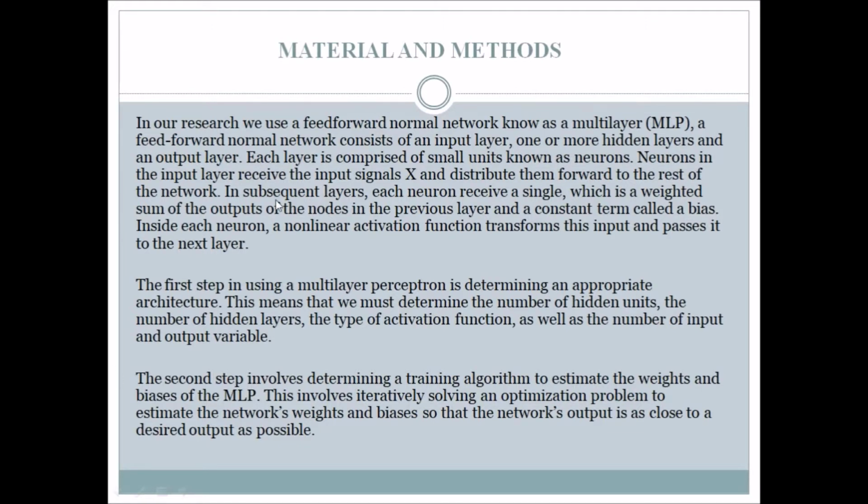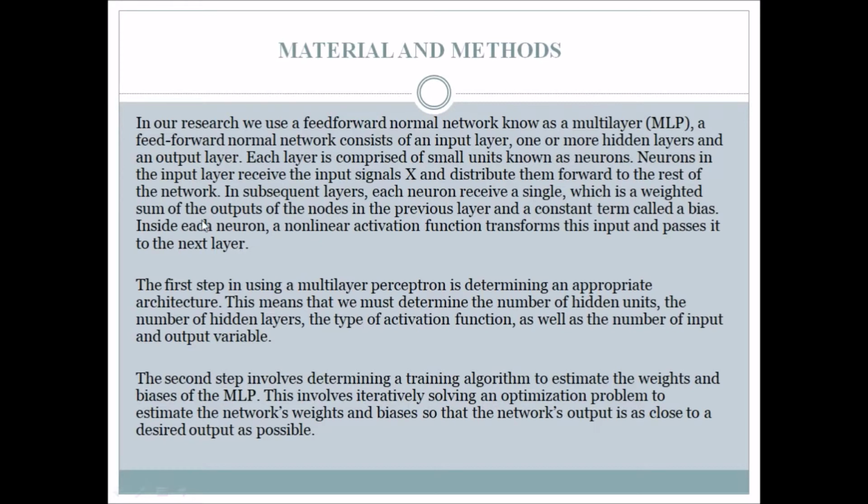Now, what are the materials and methods utilized in this very study? In this research we are going to be using a feed-forward neural network known as the multi-layer perceptron, MLP. A feed-forward neural network consists of an input layer, one or more hidden layers, and an output layer. Each layer is comprised of small units known as neurons.